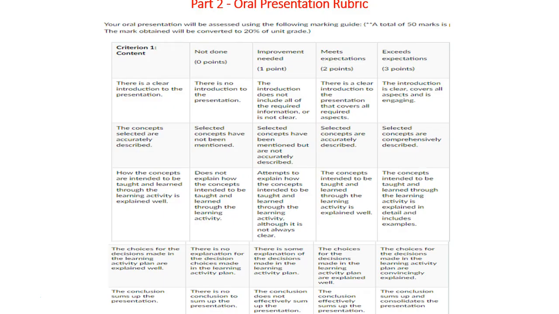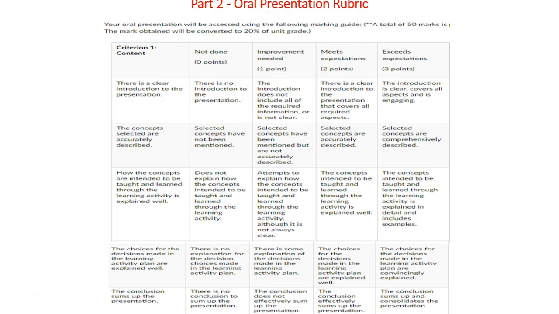The rubric for the oral presentation is a little bit different. It's more like an analytical rubric, because you can see we've got some criteria along the side, and then 0, 1, 2, 3 points in regards to what we hear when we're marking the oral presentation. So we're looking again for a clear introduction, that the concepts selected are accurately described, and that how the concepts are intended to be taught and learned through the learning activity is explained well.